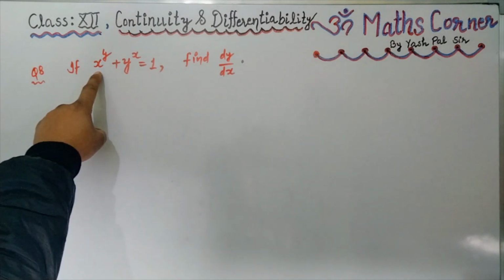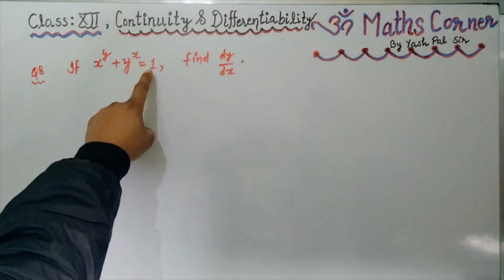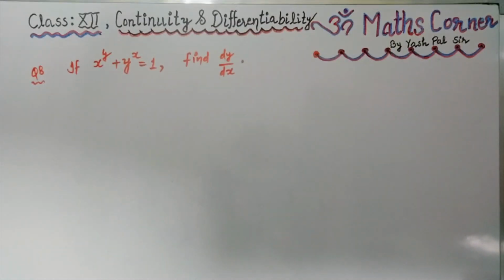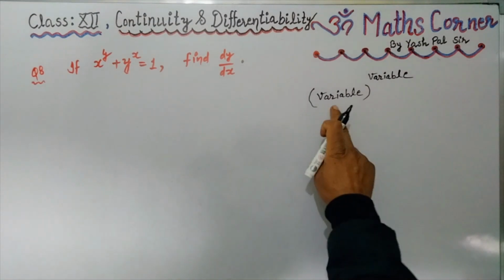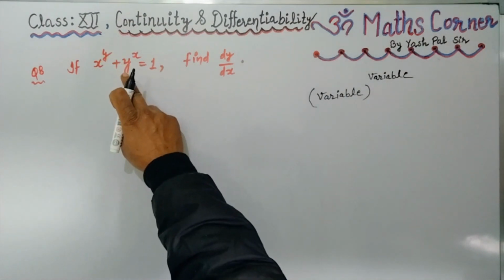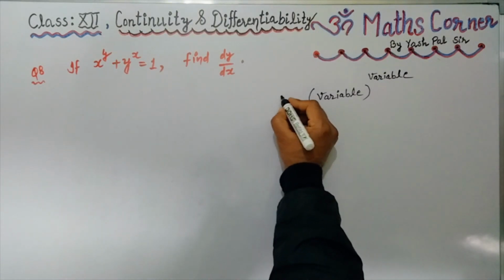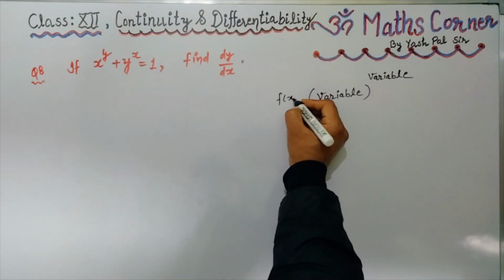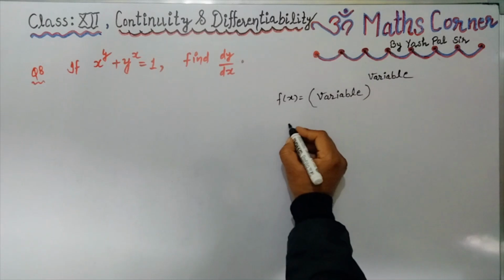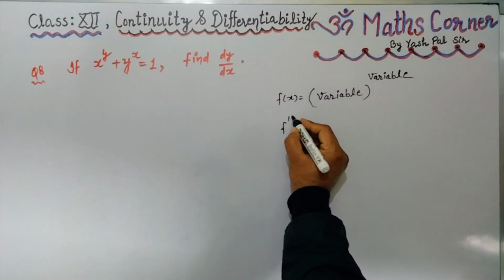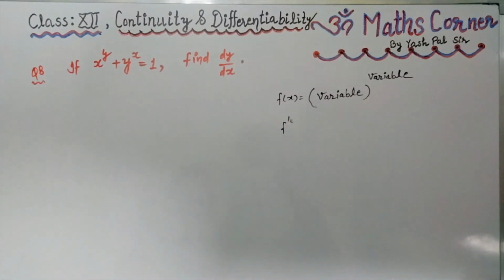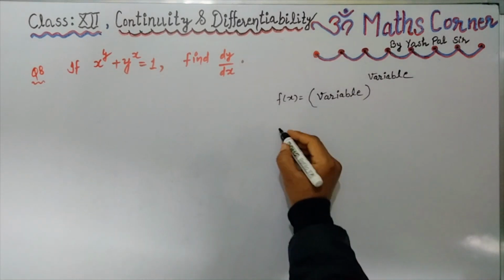Now next question, question number 8, if x raised to power y plus y raised to power x is equal to 1, then find dy upon dx. So here we have the form variable raised to power variable, x raised to power y or y raised to power x. Suppose this is the function f of x, then how to find the derivative f dash x?